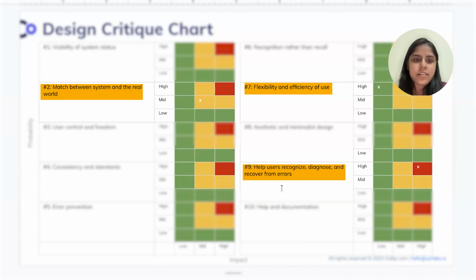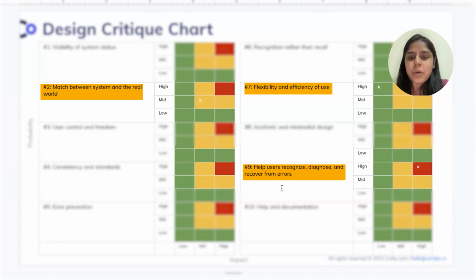I started with the problem and rationale itself. The very first, which I found the most violated, the priority one, would be help users diagnose so that they can recover from the error.